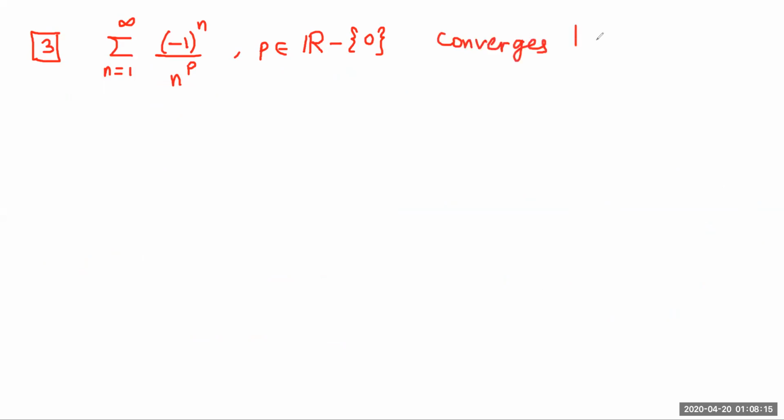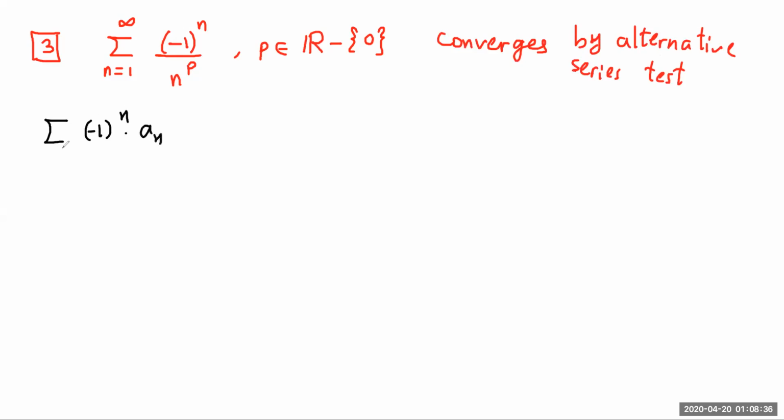Why? By the alternating series test. Let's suppose this is minus 1 power n times an from 1 to infinity. So what is an? an is 1 over n power b. So this approaches 0 when n goes to infinity.